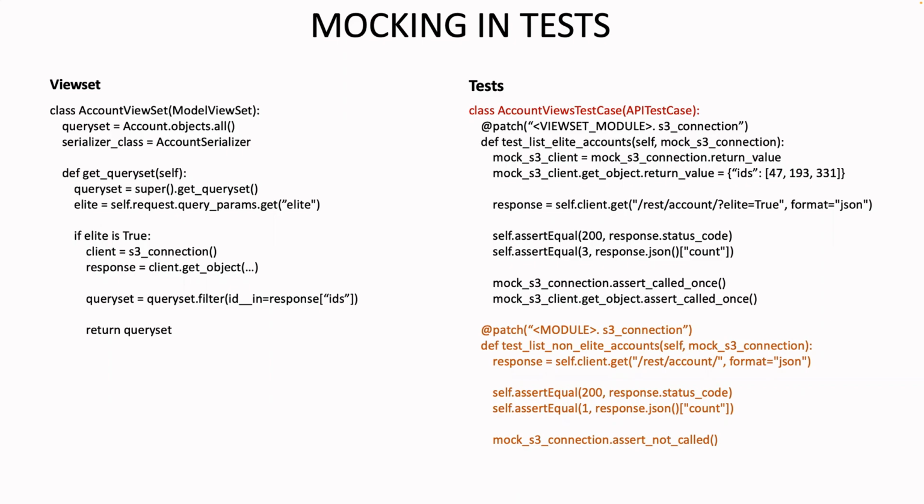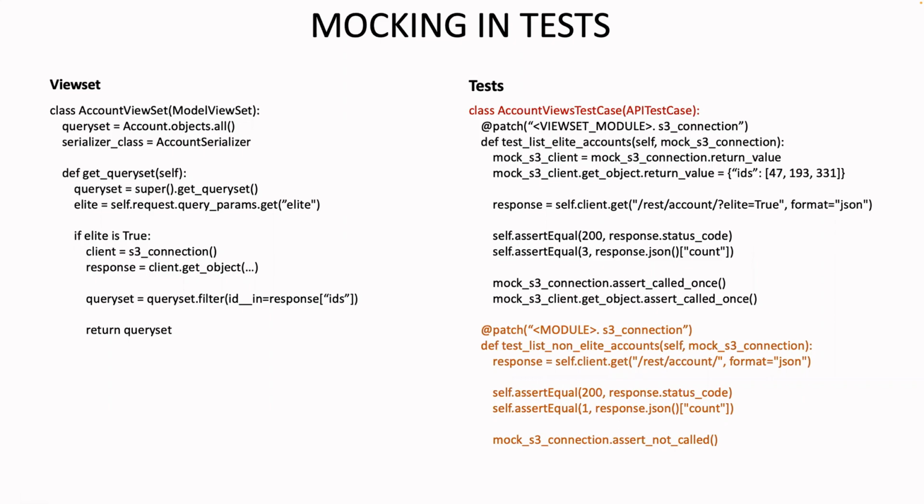Now, for testing this on the right-hand side, we would specify the viewset module. So wherever the viewset is based, and then specify S3, which is just the S3 method that we're using to connect to S3. That's us mocking S3 straight up to prevent our tests from actually trying to connect to S3, because that's a whole different topic.